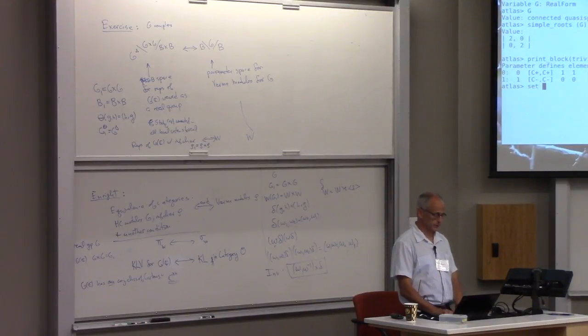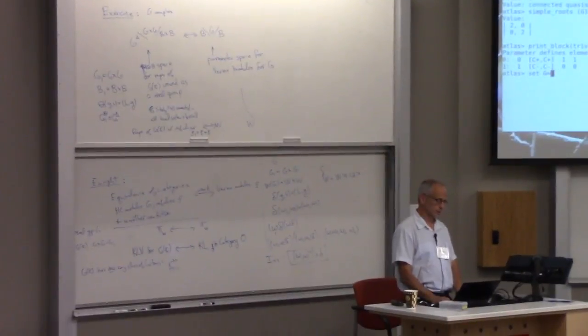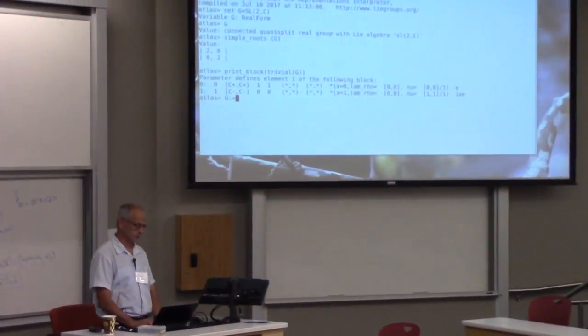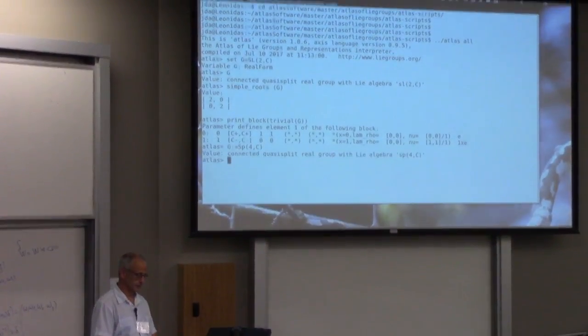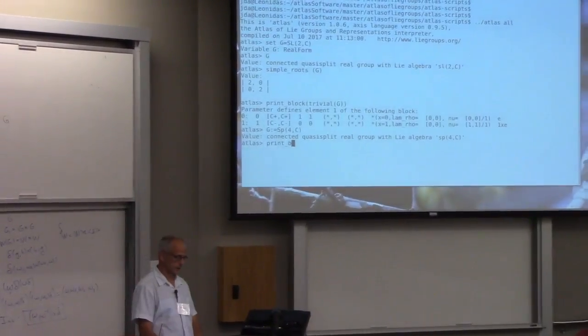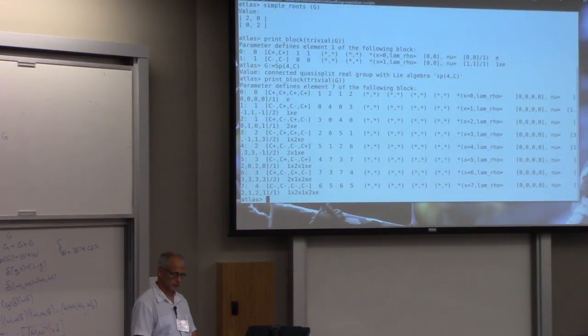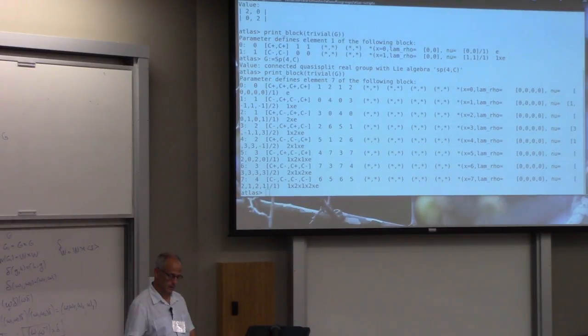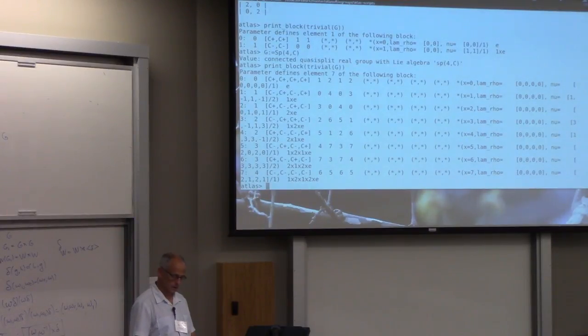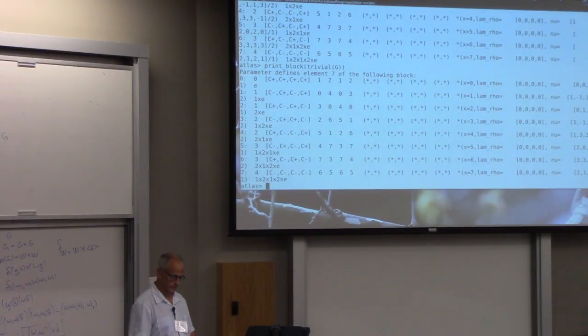So let's set G, no, let's not set G. G colon equals SP4C. Print block of the trivial of G. Let's make it a little bigger. All right.